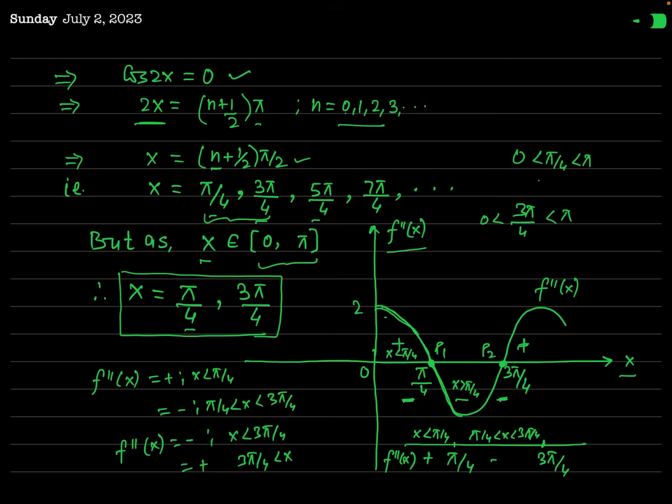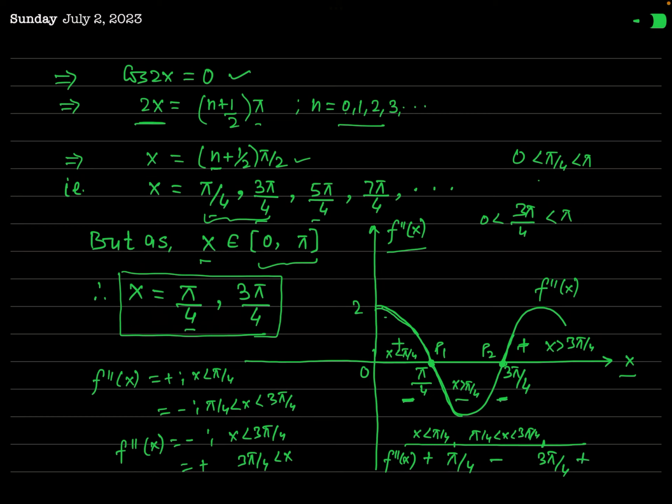In this region, f double dash is negative. You can see. And again, after x greater than 3 pi by 4, the curve is above the x-axis, that is on the positive side, and so f double dash again becomes positive.